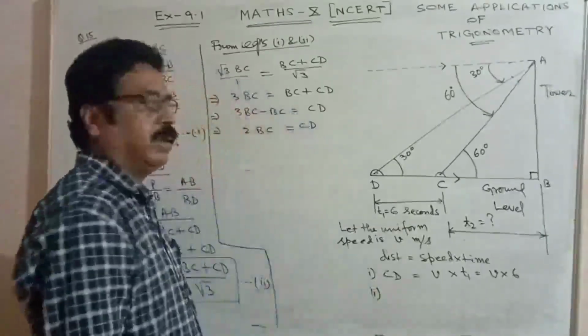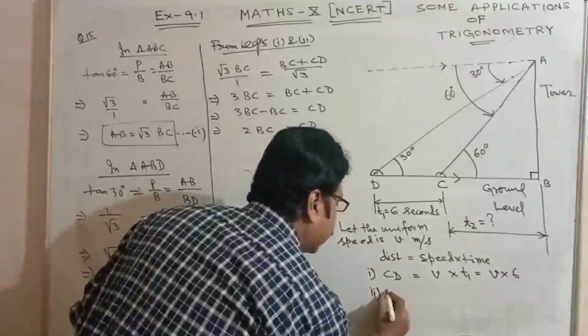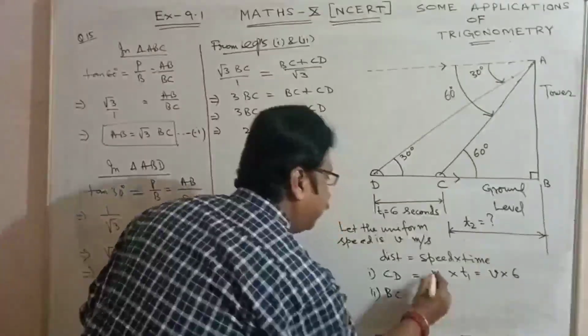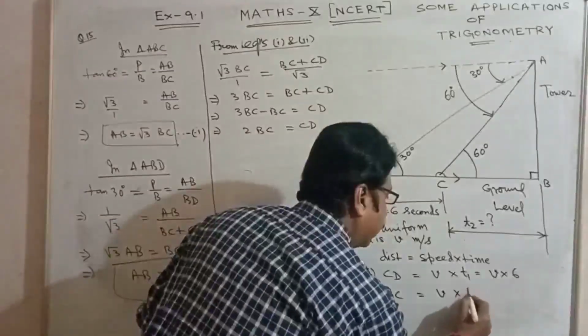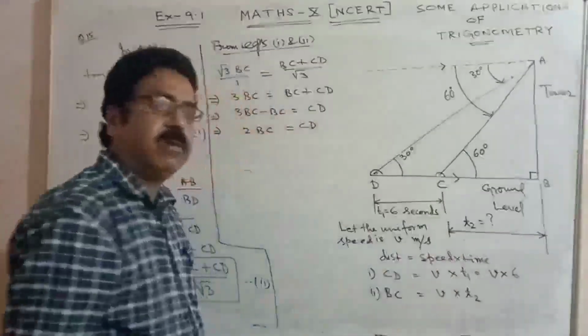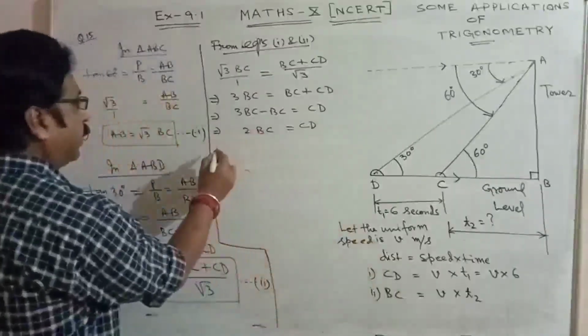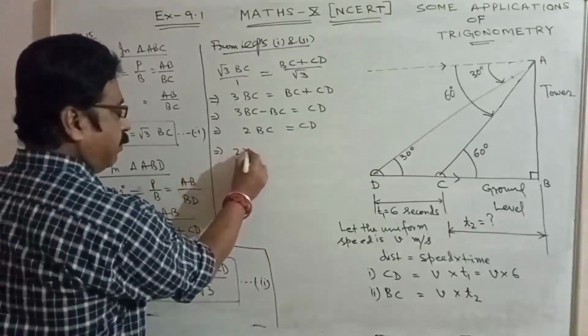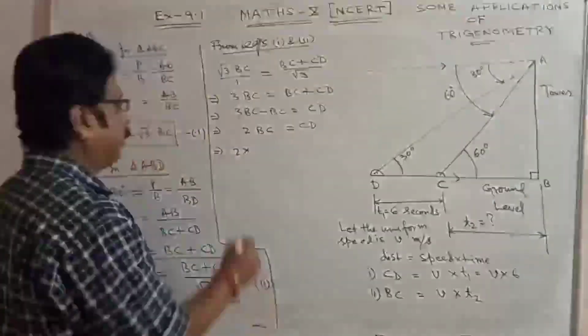For the second case, distance is BC. BC equals uniform speed V into T2. T2 we do not know. We have to calculate it. Now this result you put here. 2 into BC means V into T2.